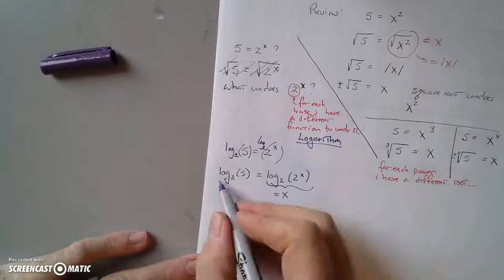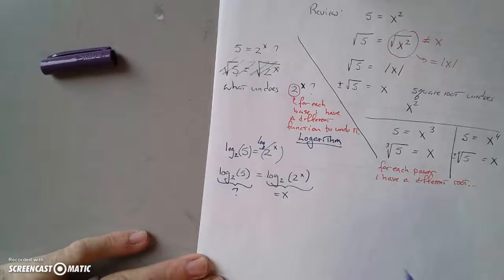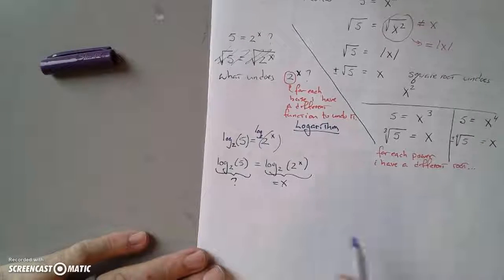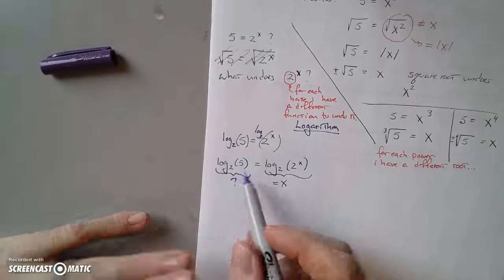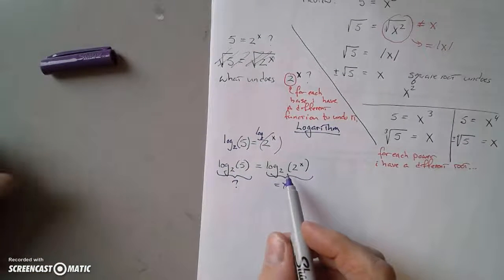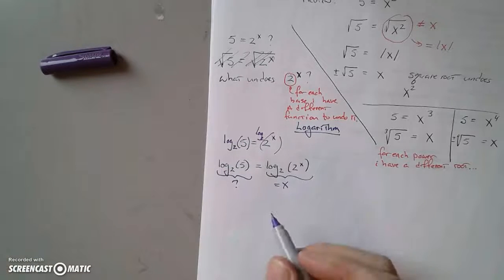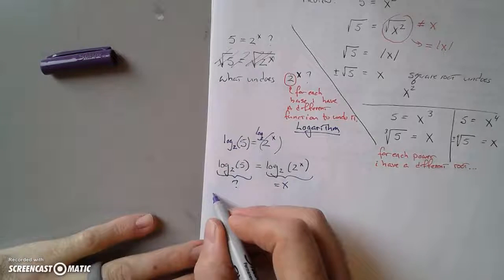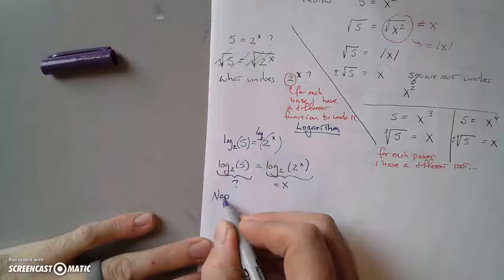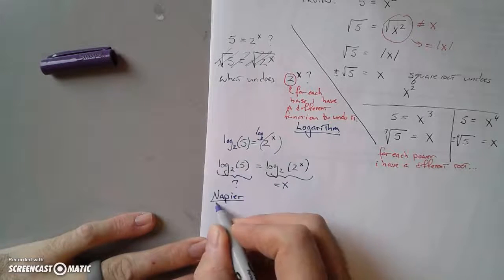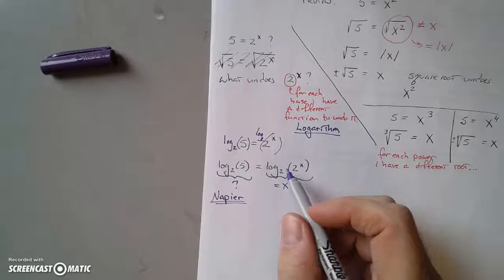Now, that doesn't really tell you what this thing is. And logarithms didn't actually come about for this reason. They came about because of calculations. When Napier, the inventor or discoverer of logarithms, created logarithms, it was because sailors were doing complicated spherical trigonometry calculations at sea, making a lot of mistakes.